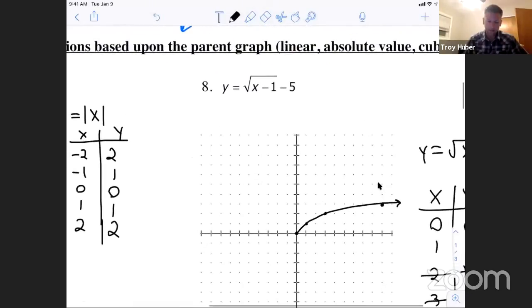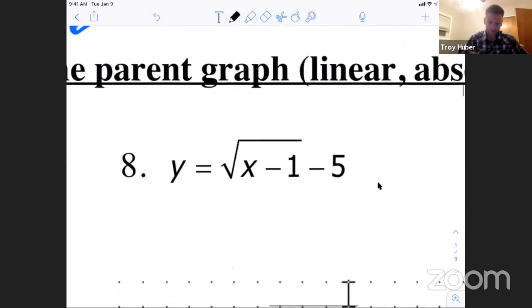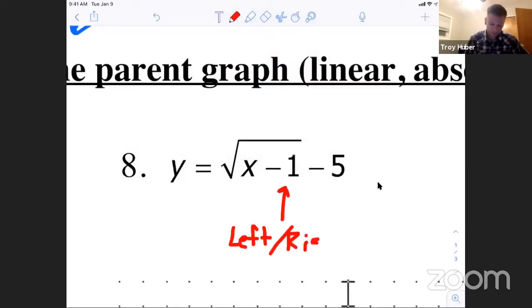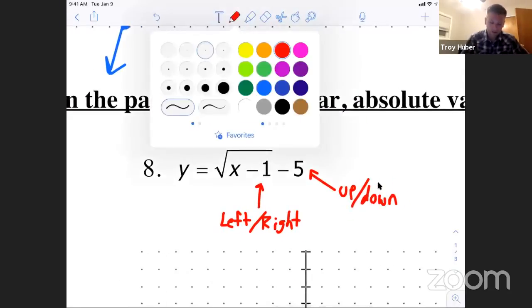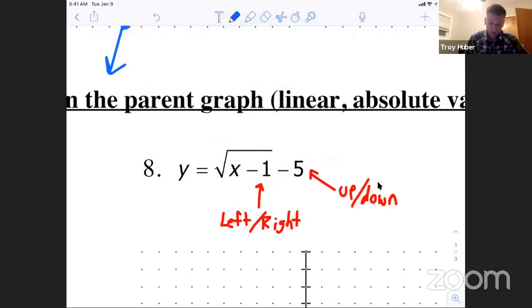Now, just like our last example, what's under the square root, like if it was in the absolute value, is going to tell me left or right. And then the one at the end is going to tell me up or down. Remember, left and right is backwards.